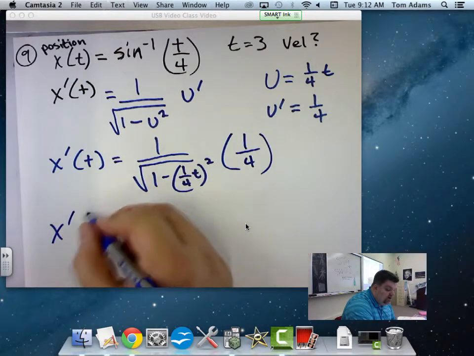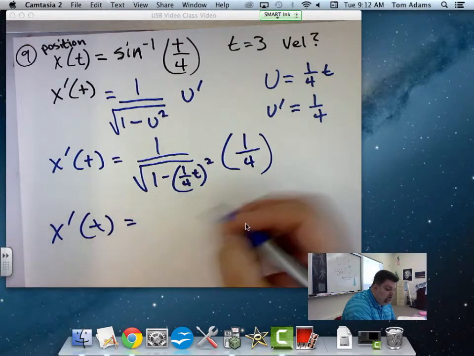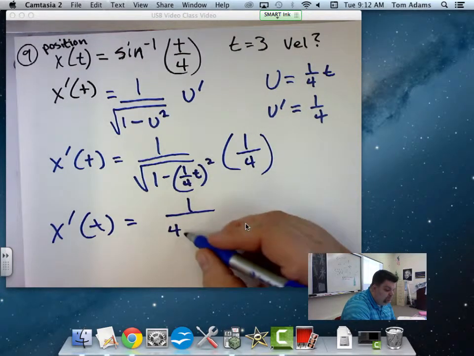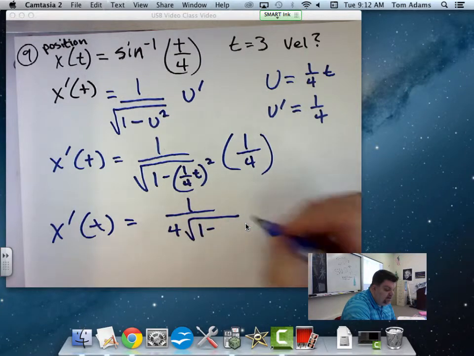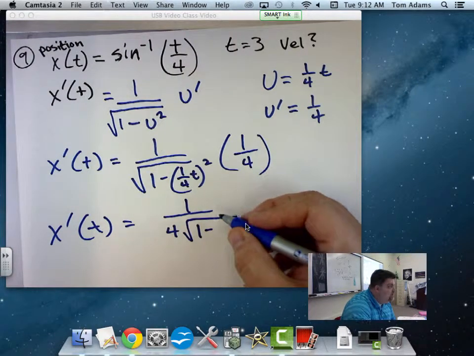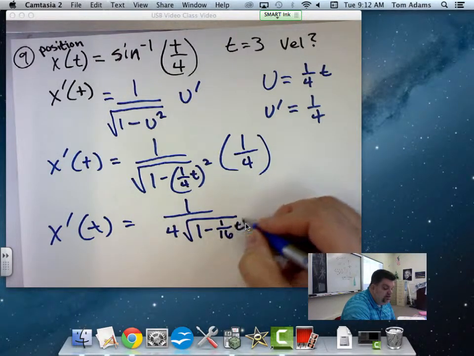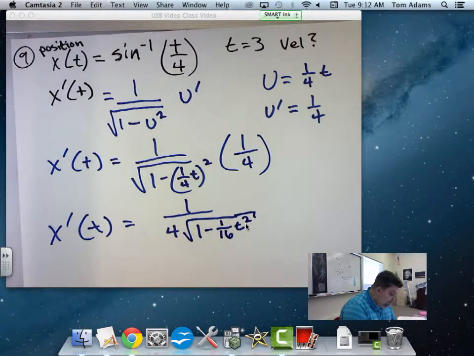So then x prime of t is equal to 1 over, and the 4 goes to the front, the square root of 1 minus, and 1/4 squared is 1/16, right? T squared. Okay?